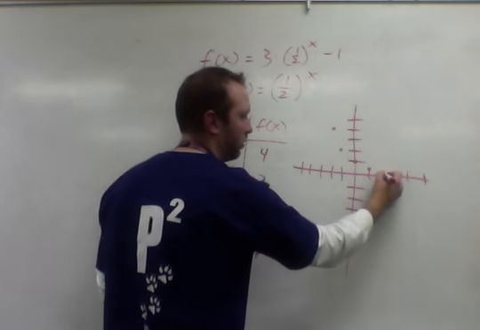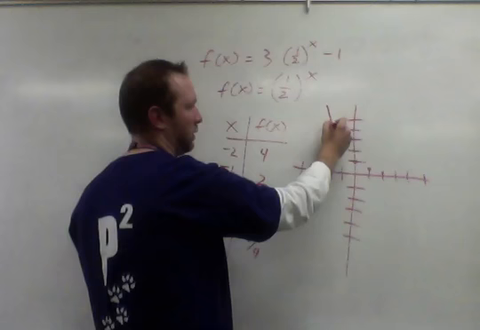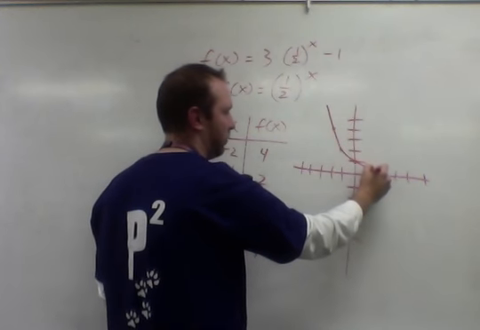And 2, 1/4. Again, I've got that horizontal asymptote at 0, so I know the graph's going to come through these points and level off.